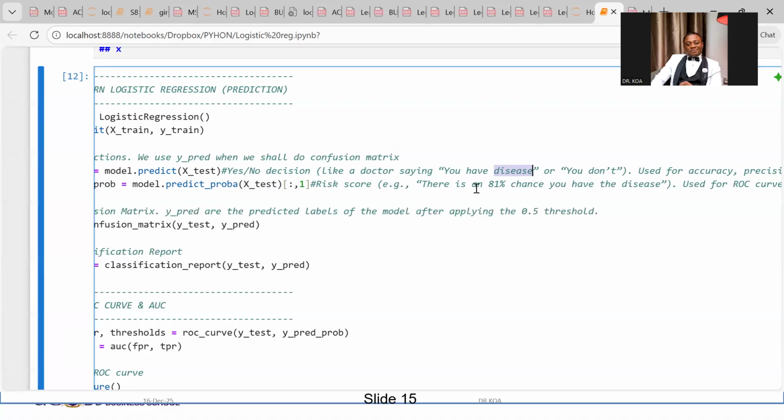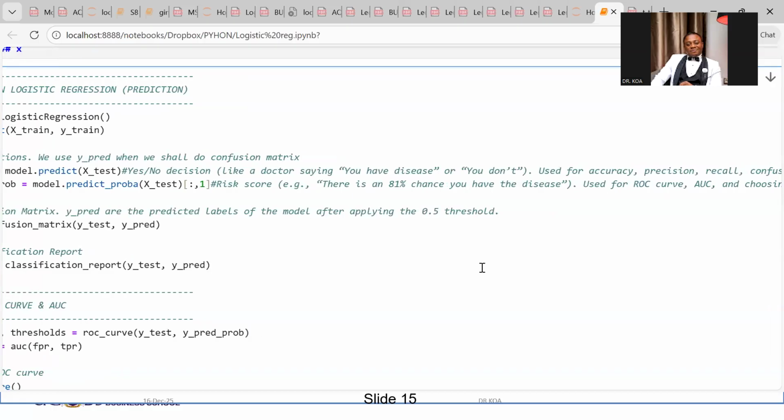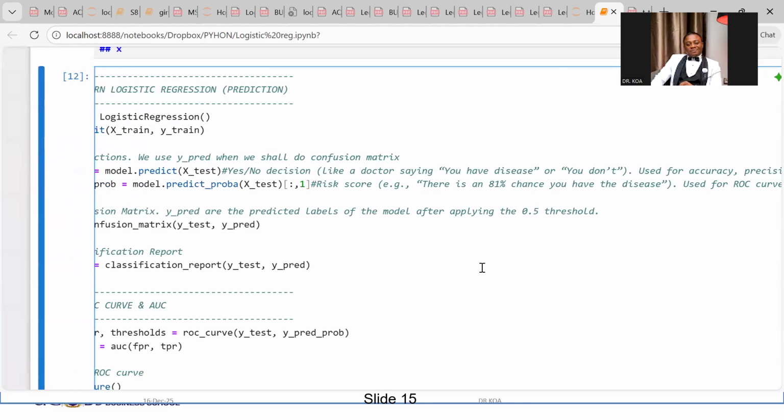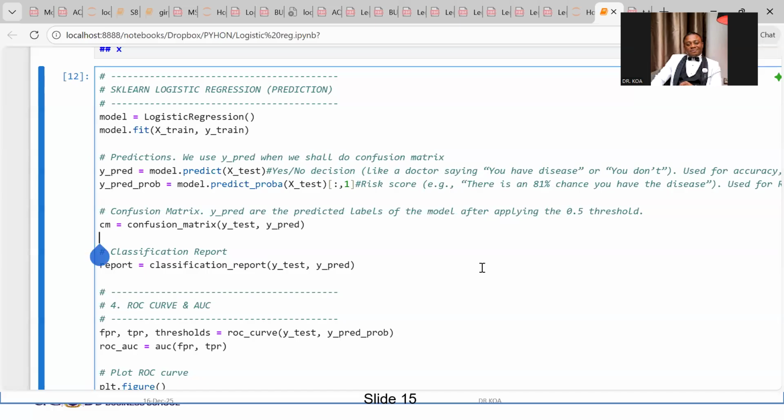Now you are talking about 81%, so you know whether you are closer to 1 or closer to 0. This is powerful, guys. This is solid for research, solid for your exams. You are going to use this one to calculate something known as the ROC curve and AUC, and for choosing thresholds. That is why I have both of them for you.